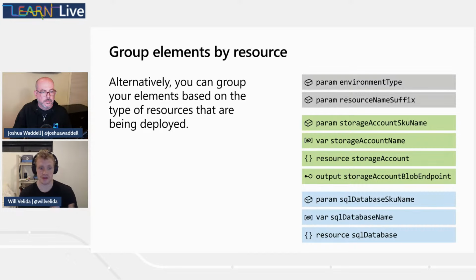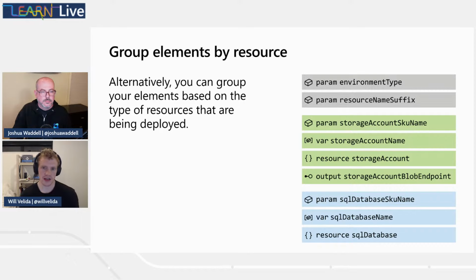All of these elements belong to a SQL database. However, it does make it a little bit harder to check how specific element types are declared. If you want to review all of your parameters, you've got to jump around your template to see the parameters I'm providing to my storage account, and then further down the file, all my parameters for my SQL database.